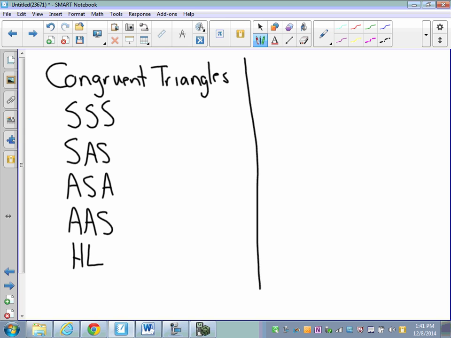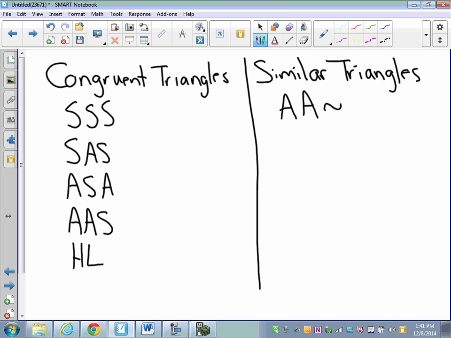With similar triangles, we will typically write a similarity sign after it. So we have just 3 ways to prove that triangles are similar. The first is angle, angle, similarity. The second is side, side, side similarity. And lastly, we have side, angle, side similarity.